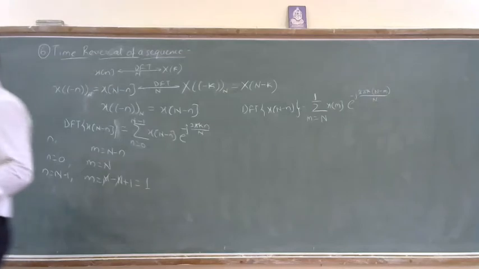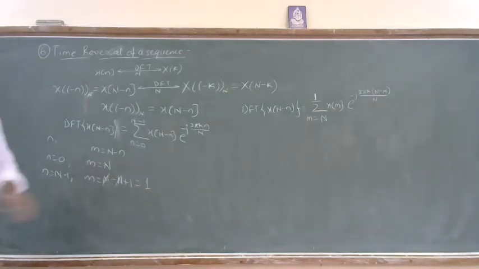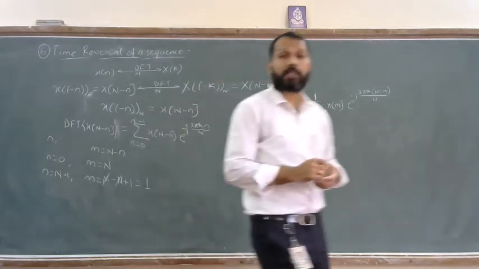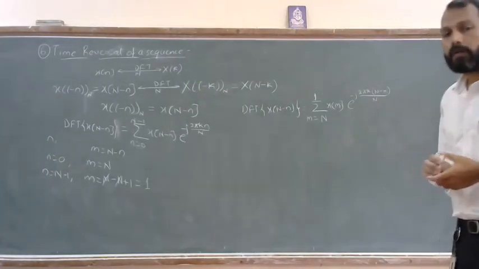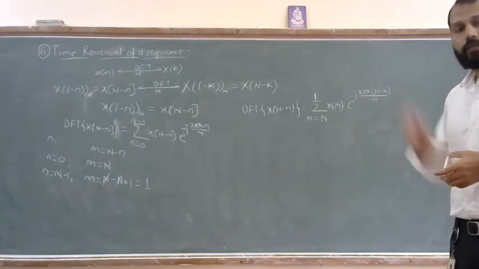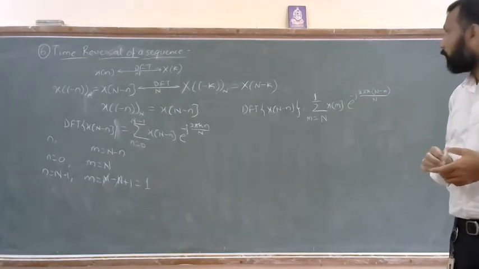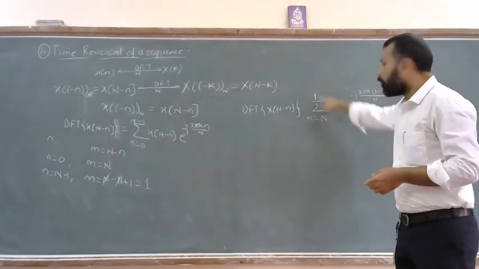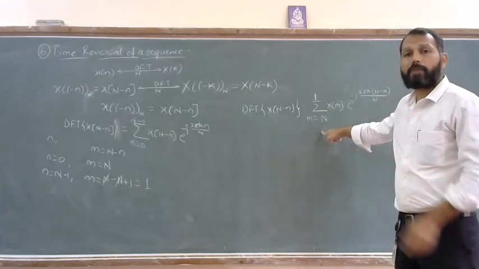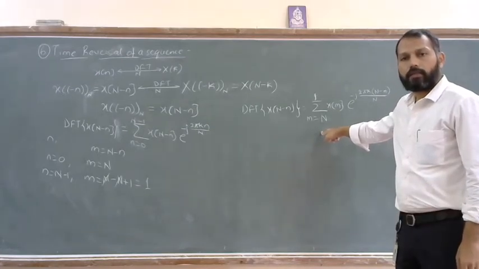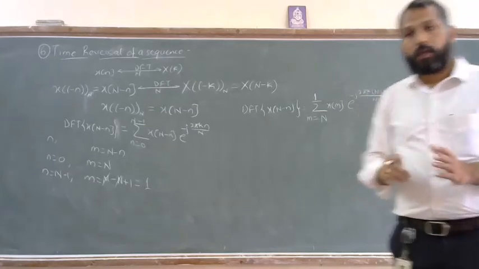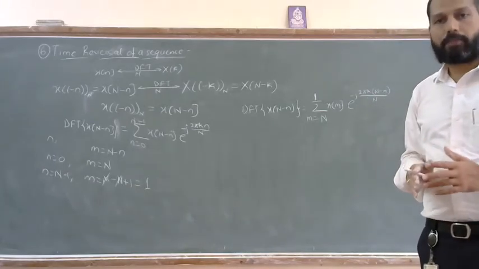Okay. Now, observe the limits of the summation. How many samples are there in that summation? We have N to 1 or 1 to N. In total, there are capital N number of samples.